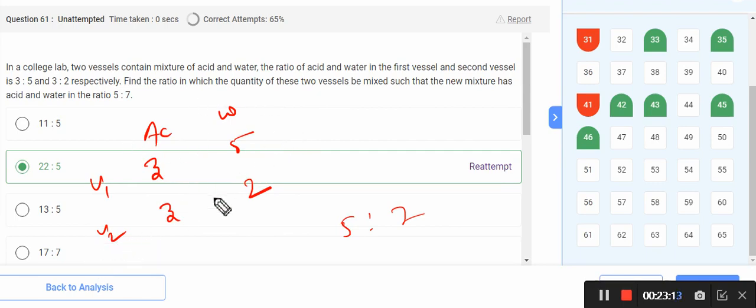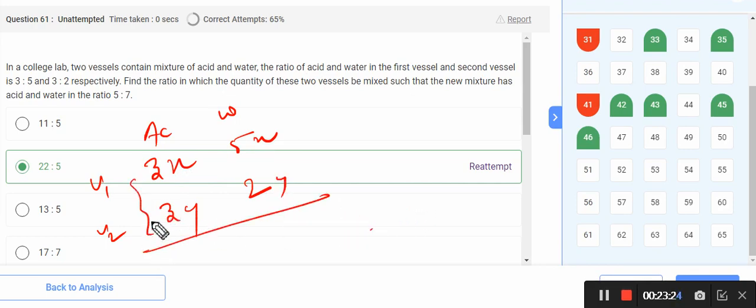This is the concept of mixture and alligation. Say for example we have taken out x units from vessel 1 and y units from vessel 2. So the final composition becomes 3x plus 3y divided by 5x plus 2y, acid to water.